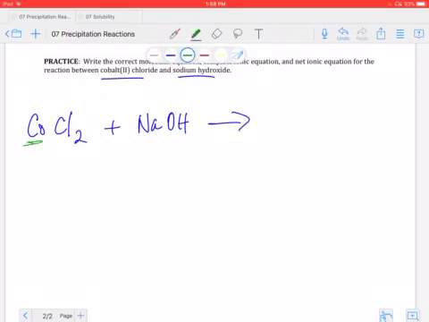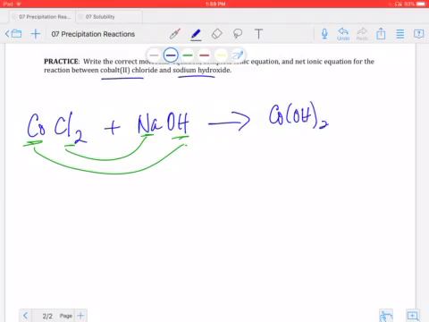We're going to take that cobalt, combine it with the hydroxide, and we have our sodium, and we're going to combine that with our chloride. So we're going to do Co(OH)2 plus NaCl.